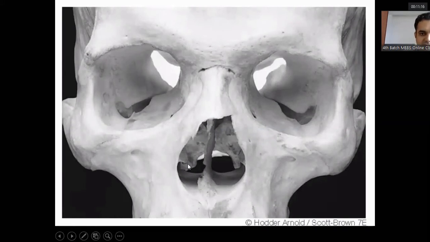I put this diagram so as to make you know about the pyriform aperture, which is an important landmark. For example, we deal with the pyriform aperture in epistaxis, which means nasal bleeding. Sometimes it is a landmark to differentiate between anterior and posterior nasal bleeding. But because we are not talking about epistaxis, we'll skip this for now.